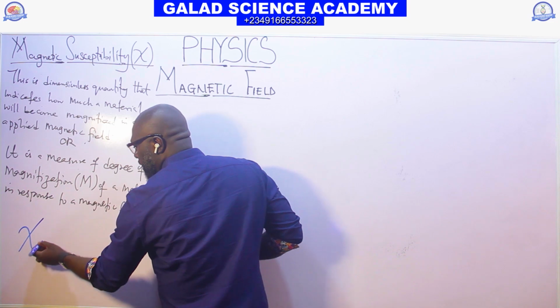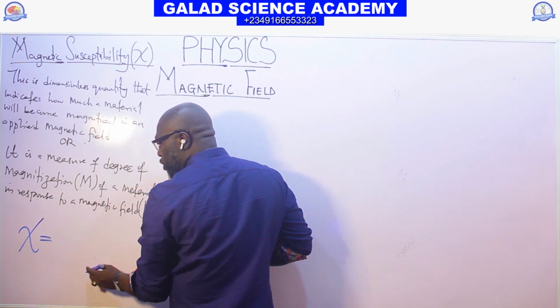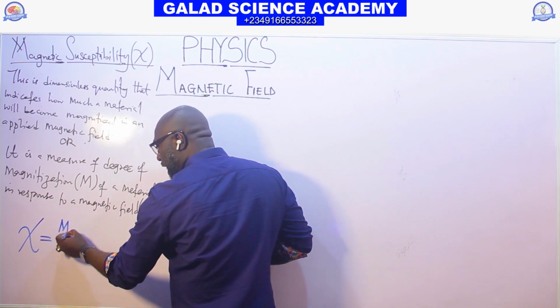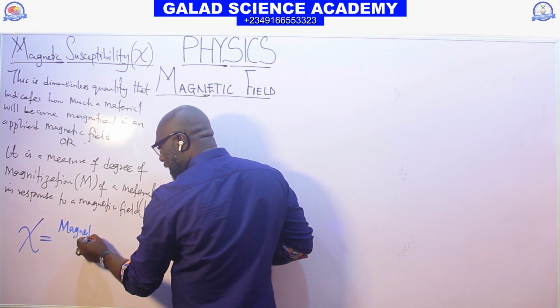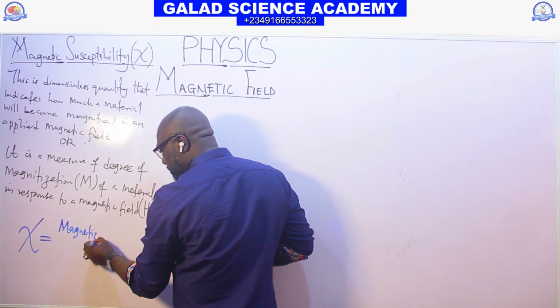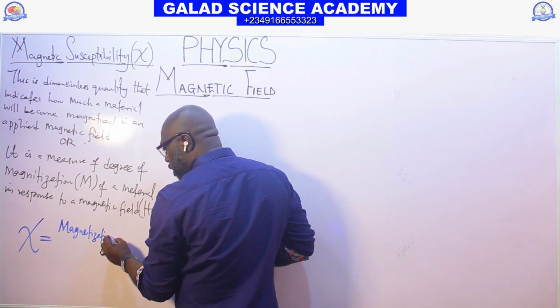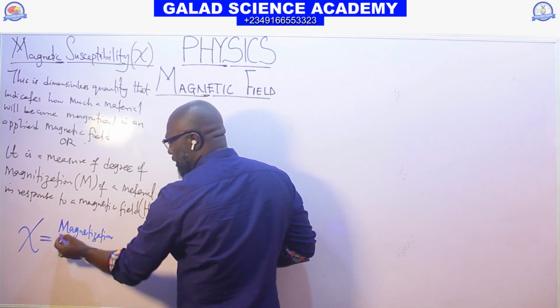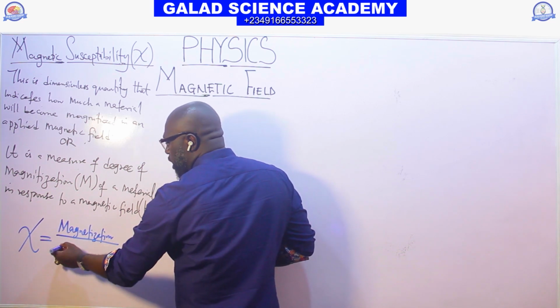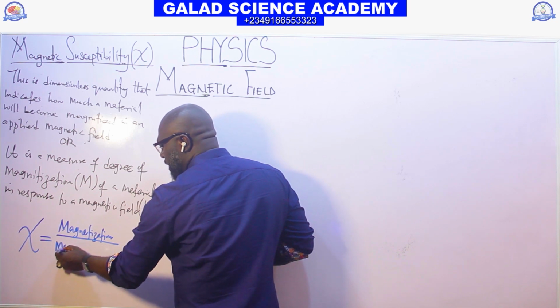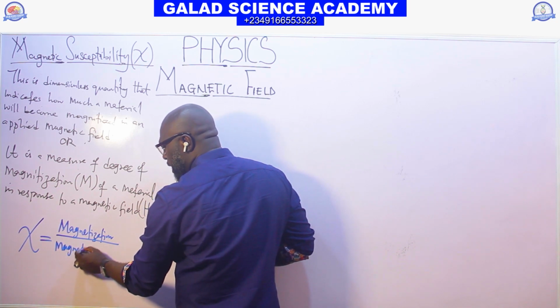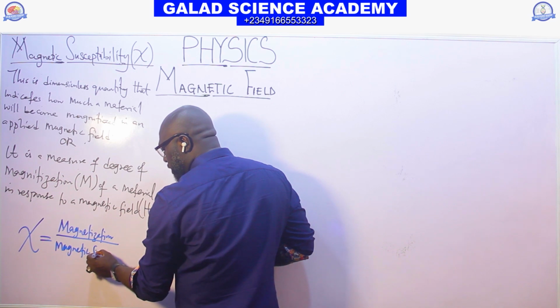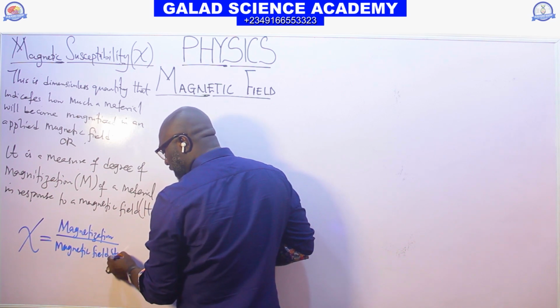So mathematically, magnetic susceptibility should be the ratio of magnetization, or magnetic dipole moment, over magnetic field strength.